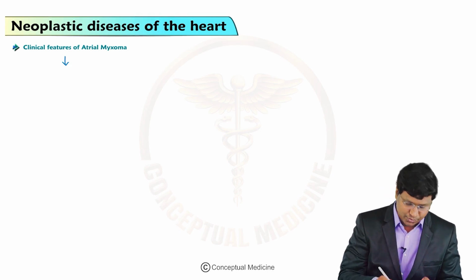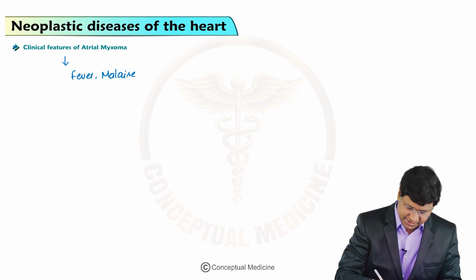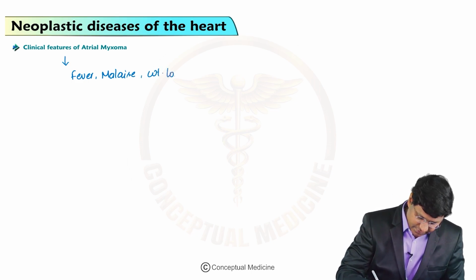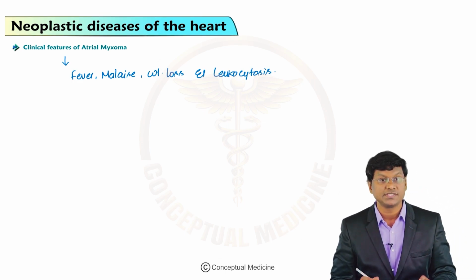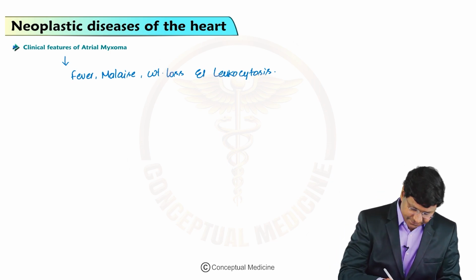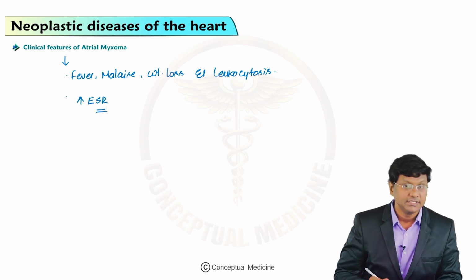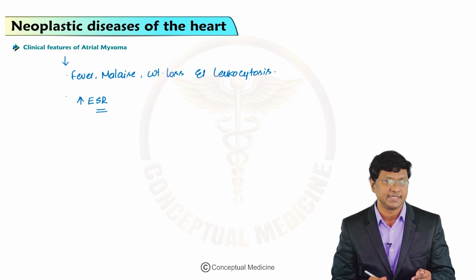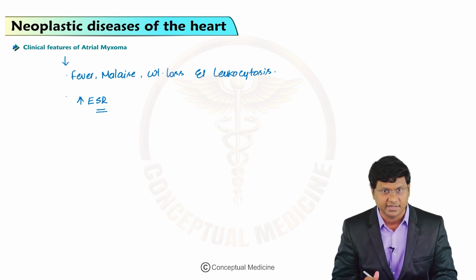The syndrome includes fever, malaise, weight loss and leukocytosis. Not only that, they also have an elevated ESR. So these are the systemic illness features in patients with atrial myxoma.